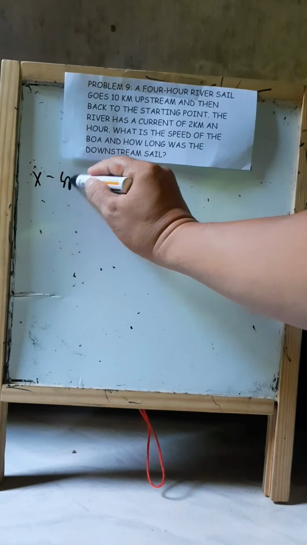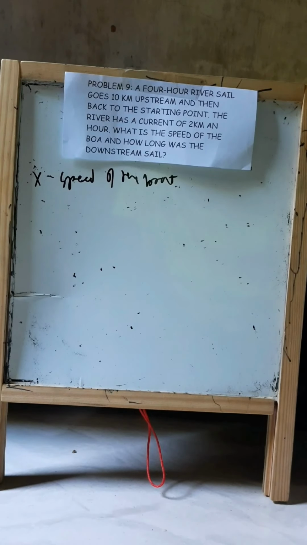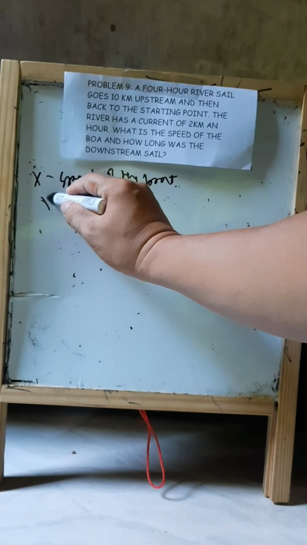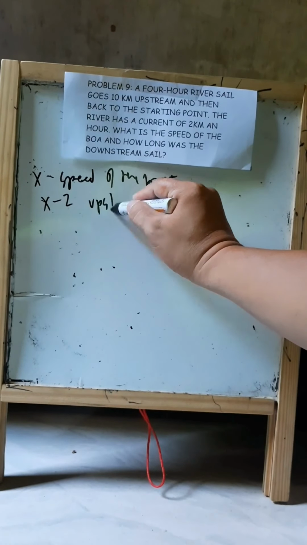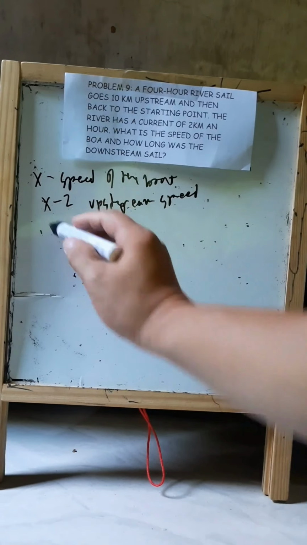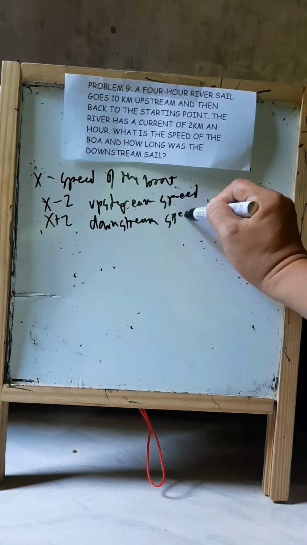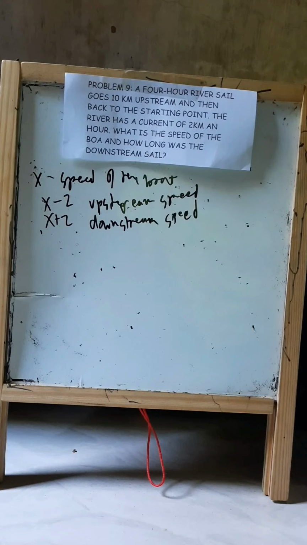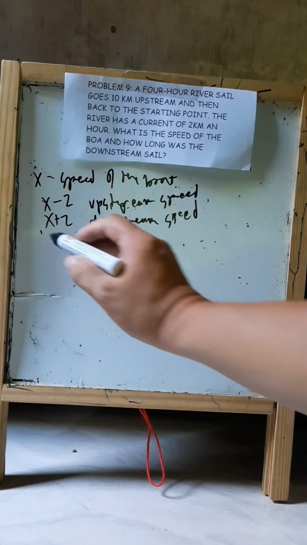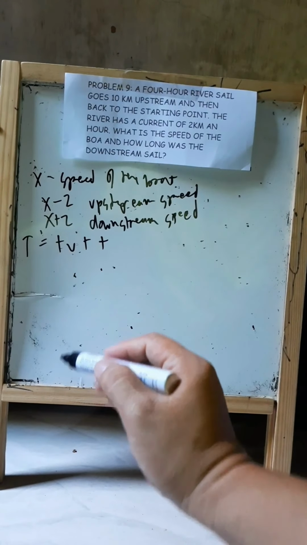Let x be the speed of the boat. The upstream speed is x minus 2, because going upstream is harder, so we subtract 2. The downstream speed is x plus 2, because going downstream is easier, so we add 2. The total time is equal to the time upstream plus the time downstream.